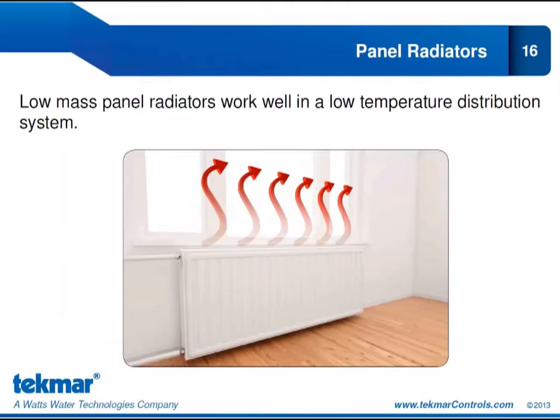So the manufacturers will publish height, length, and number of water plates, and then publish the corresponding heat output for those parameters. So make sure to reference the manufacturers and appropriately size the panel radiators for the heat loss in your particular space.